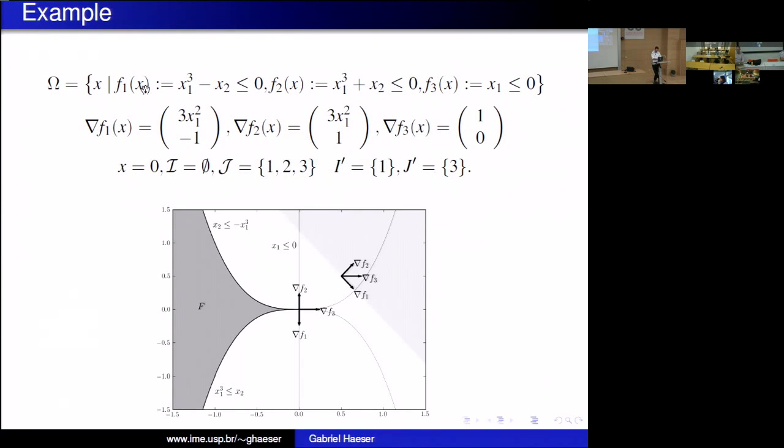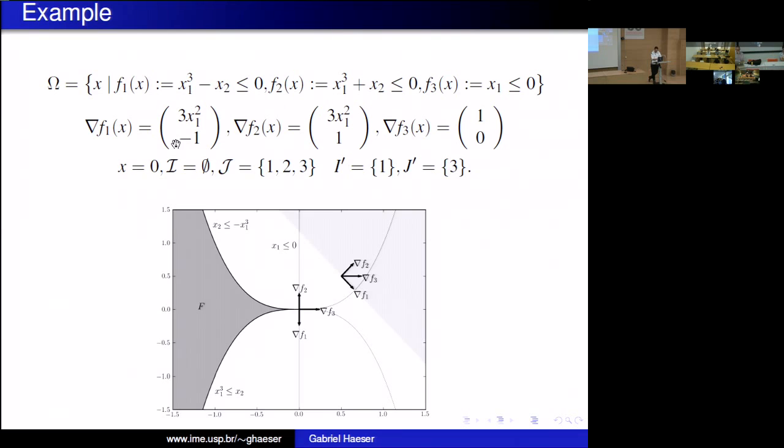Okay, I have here 3 constraints, and these are the gradients, and the point is 0, 0. Initially I don't have equality constraints, and all 3 inequalities are active. So at the origin, I have 0, -1, 0, 1, and 1, 0.